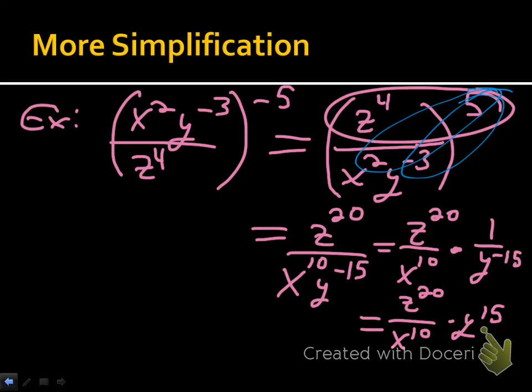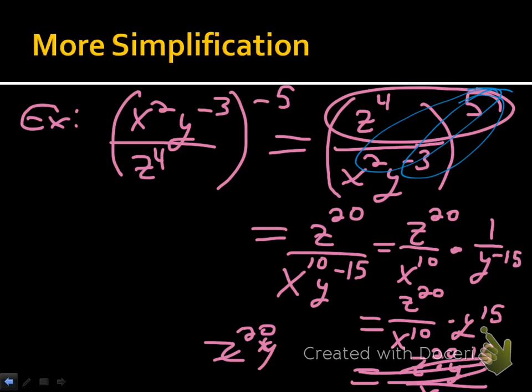One more step further, and then we'll call it good: z to the 20th times y to the 15 divided by x to the 10th. And that's my final answer.